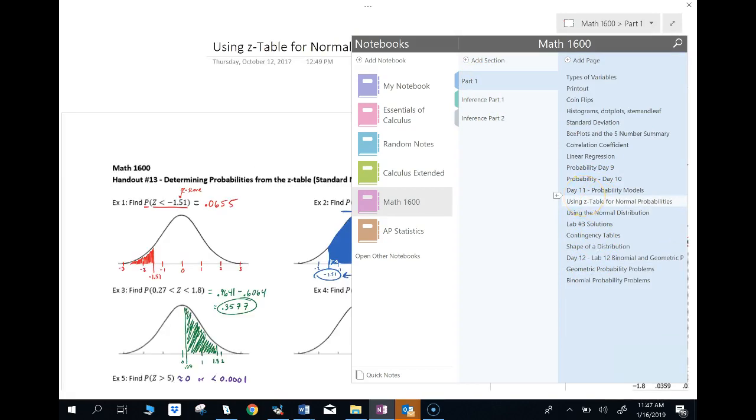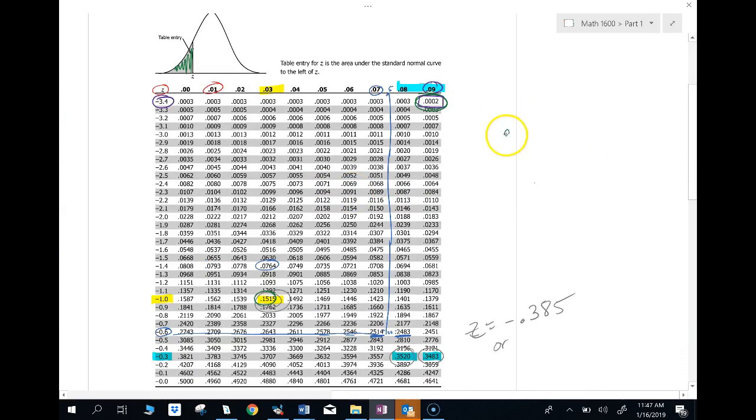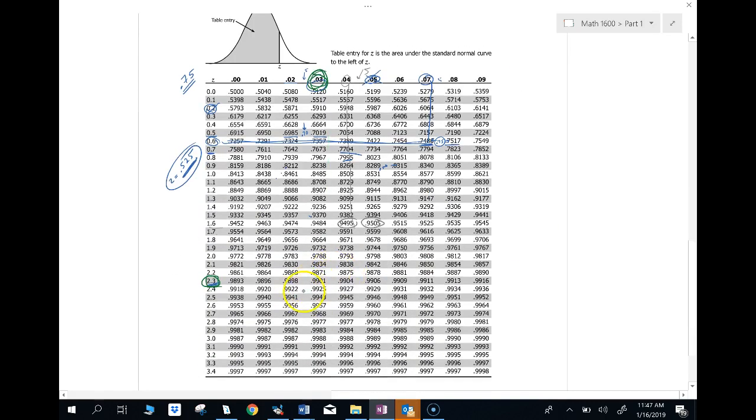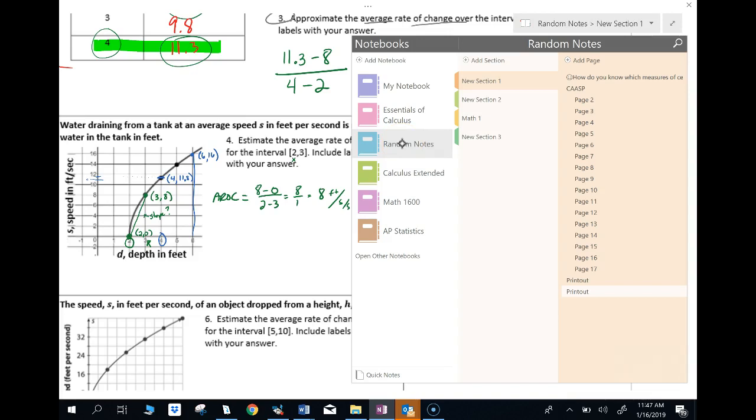If I'm using my Z table, I'm going to be looking for 0.99, same thing, because I'm looking all the way over like that. Here's 0.9901, so that looks like it works out. That's close enough. We're going to get 2.33. So 2.33 is my Z star that corresponds to 98% confidence.